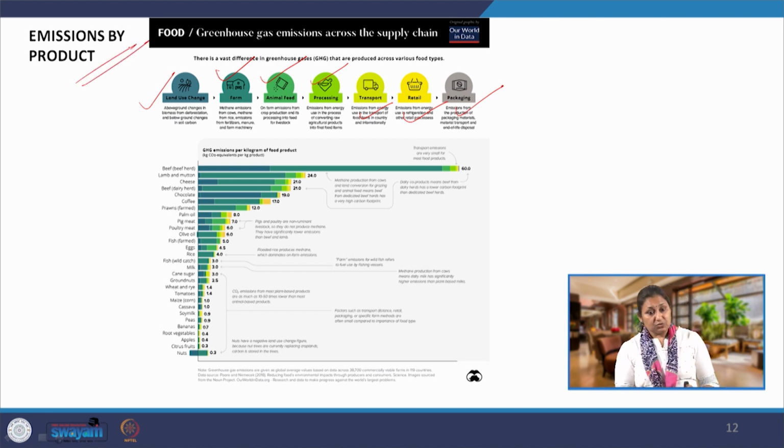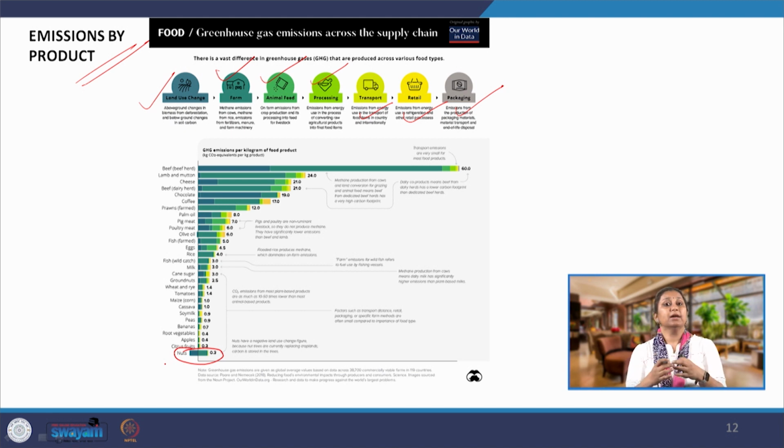You will be surprised to know, and there are a lot of products here. We are talking about food products particularly. If you look at food products, nuts particularly, they have negative emissions because most of the nuts are procured from trees, full grown trees, and they sequester a lot of carbon.